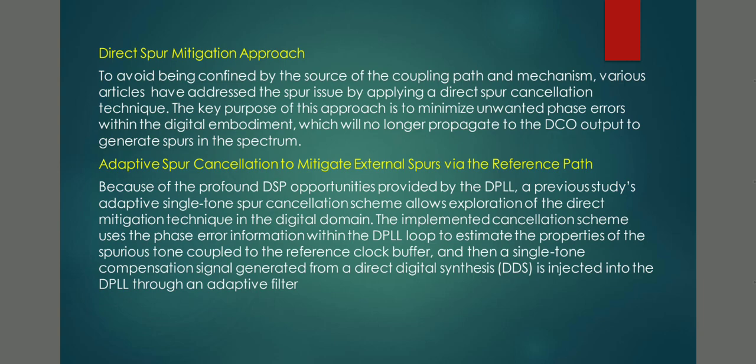The implemented cancellation scheme uses the phase error information within the DPLL loop to estimate the properties of the spurious tone coupled to the interfering clock buffer, and then a single tone compensation signal generated from direct digital synthesis is injected into the DPLL through an adaptive filter.